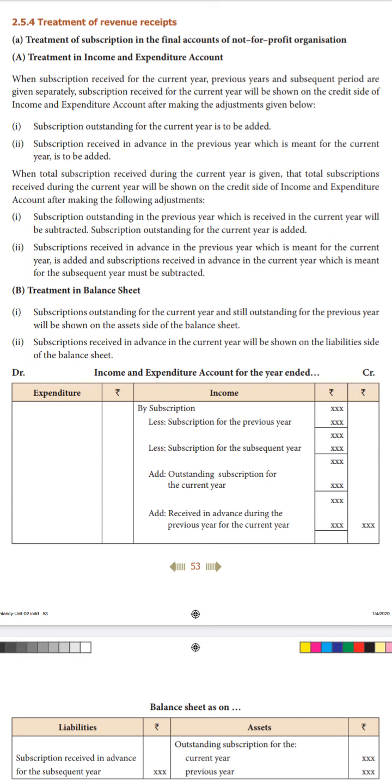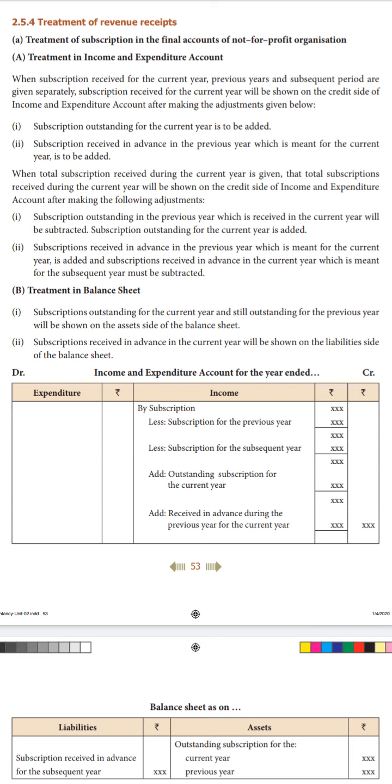So here, when subscription received for the current year, previous year and the subsequent period are given separately, subscription receipt for the current year will be shown on the credit side of the income and expenditure account. Since we are receiving the amount of subscription, automatically it should go to the income side, which means the credit side.